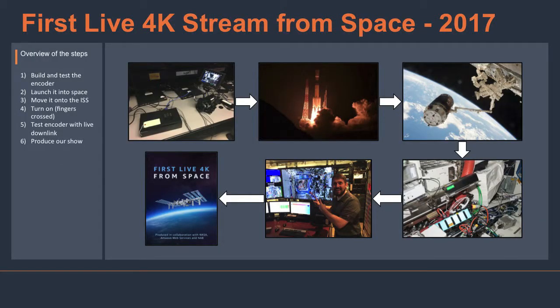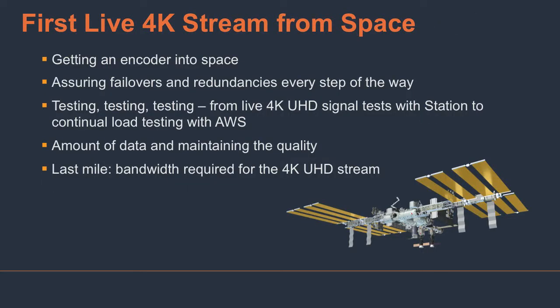This was just a quick overview of what we did back in 2017 with the 4K version of this project. Testing, launching, installing, testing again, doing the show, and then providing that content on the output. Of course, the challenges of working in space, as Rodney and Dylan pointed out earlier from NASA, is that you have lots of constrained pipelines and a lot of variable environment issues.